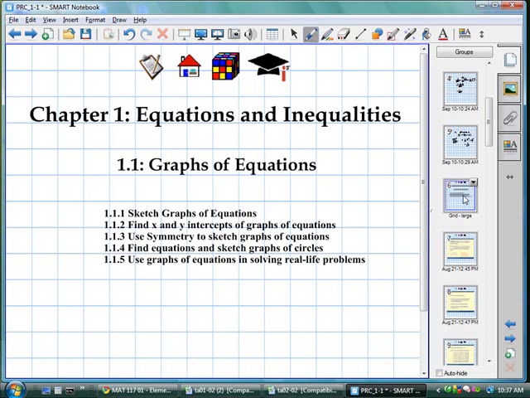Second objective, how to find x and y intercepts. These are pretty easy. Number 3, using symmetry to help you graph. 4, finding the equations of circles and then going ahead and sketching them. And number 5, use graphs to solve word problems. Okay, so here we go.